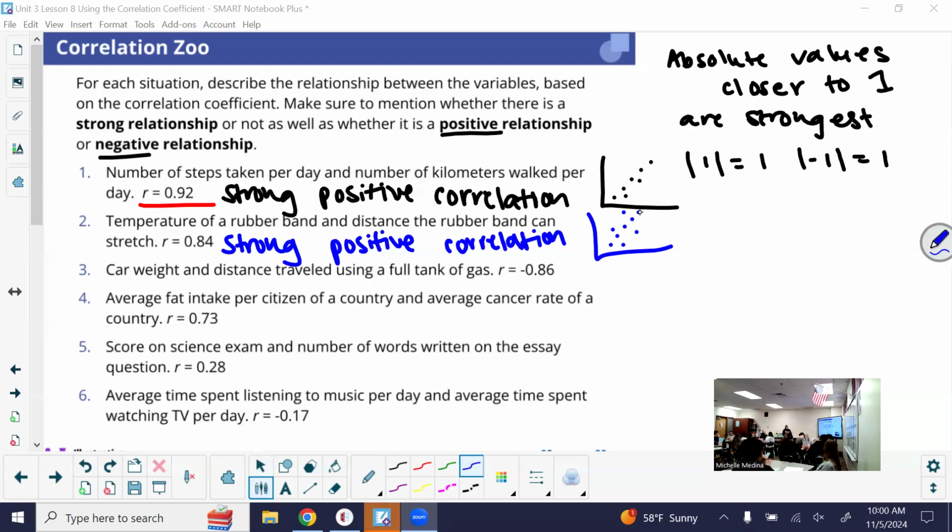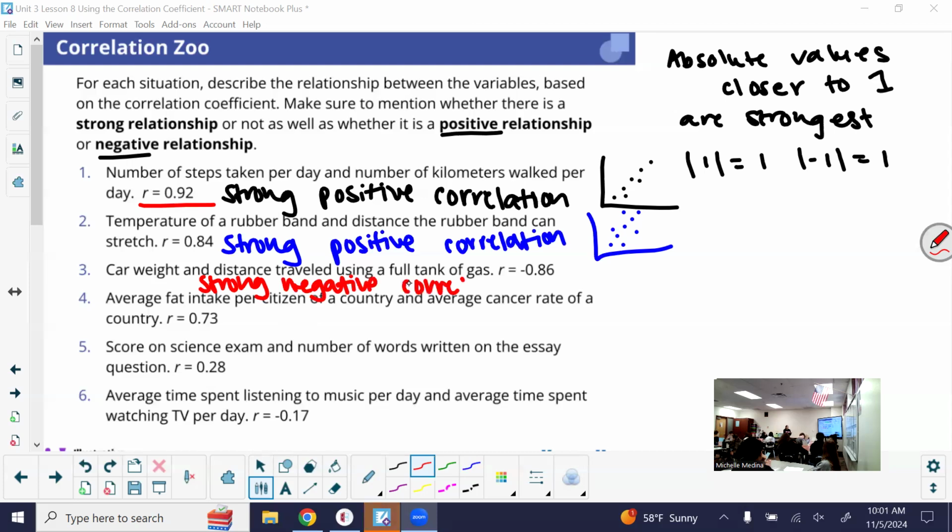All right, table 6. For the car weight and distance traveled using a full tank of gas, that R value is negative 0.86. Would that be strong or weak? Strong. And table 7, would that be positive or negative? Okay, great. So we have our first strong negative example.